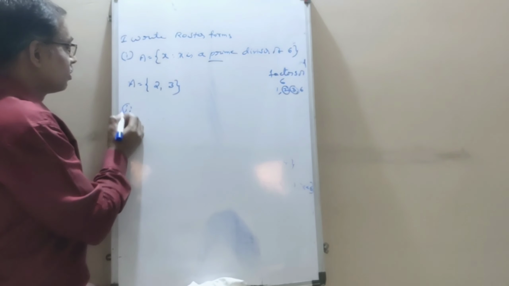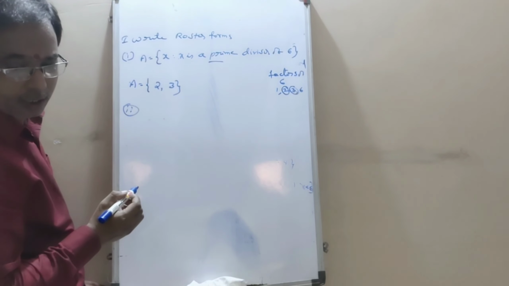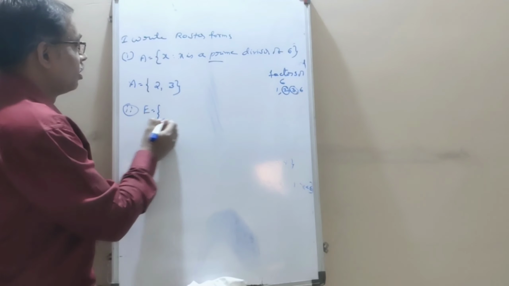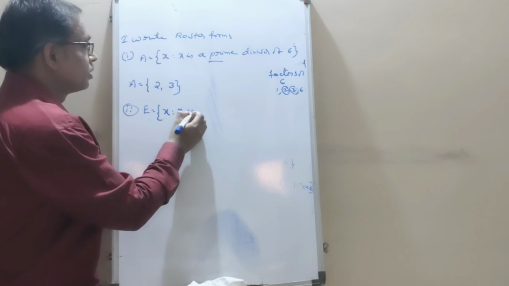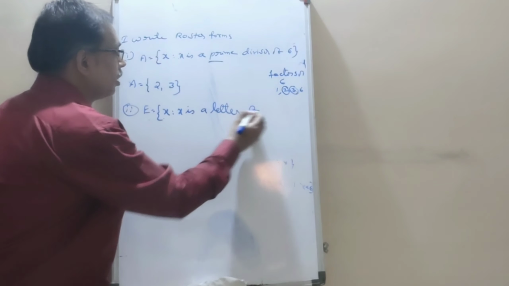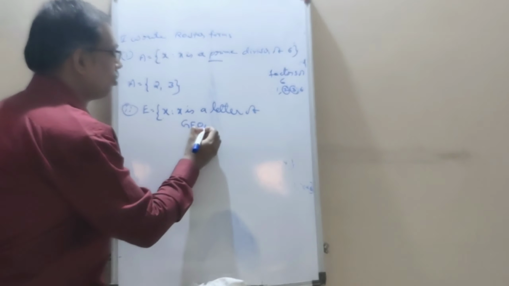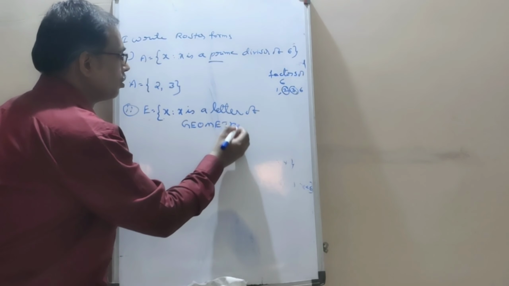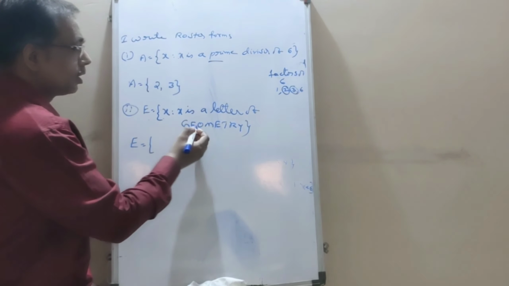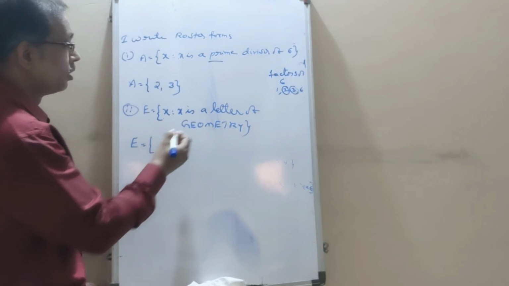And the second is x is a letter of geometry. x such that x is a letter of geometry. So here also simply write the letters present in this word geometry.